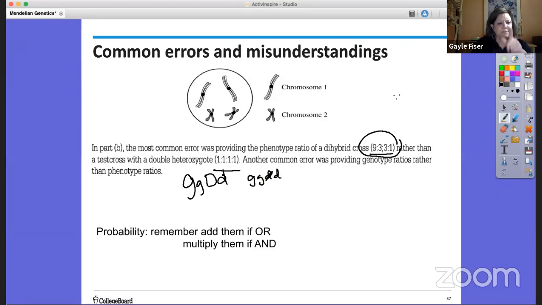To figure out which organisms are homozygous dominant and which are heterozygous dominant, because they both have the dominant trait. Now, in probability, remember if it says or, you're going to add them. I couldn't find a good example, and I'm a horrible test question writer. And so we're going to multiply them.